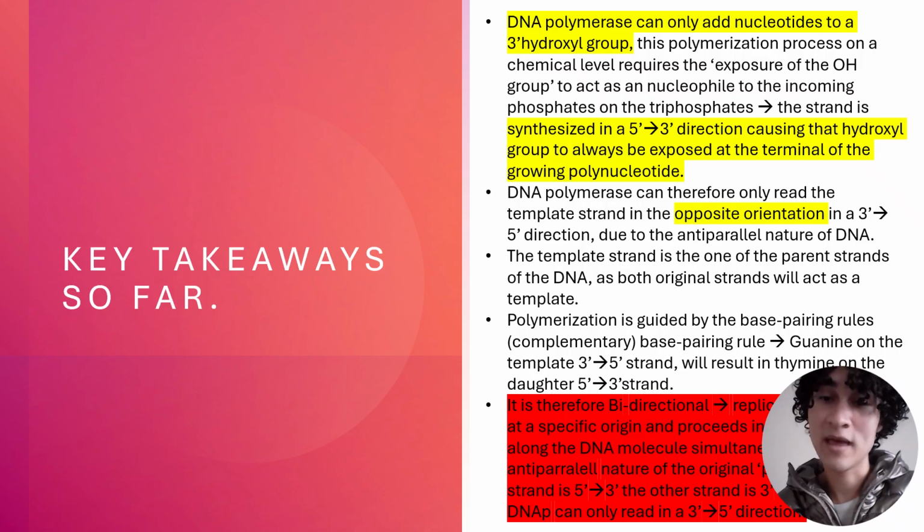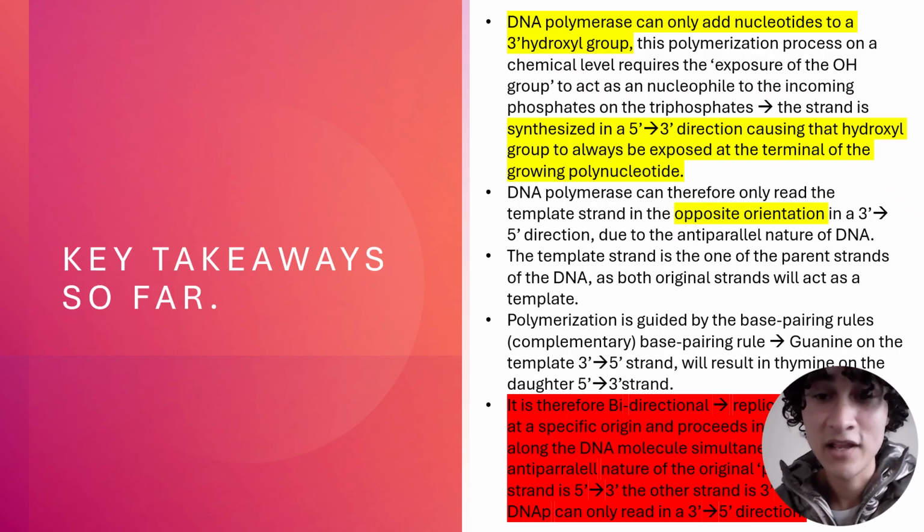That pattern, that phosphate sugar, is critical in understanding not only the directionality of DNA itself, but also the chemistry behind DNA polymerization.